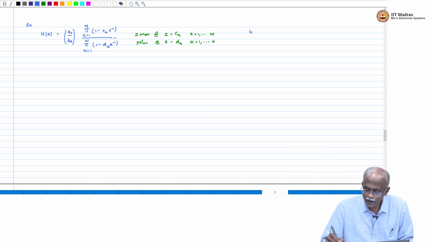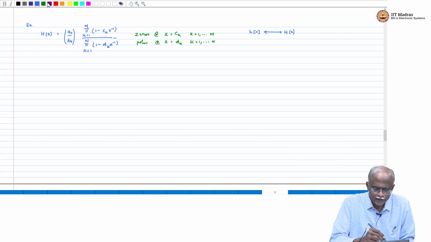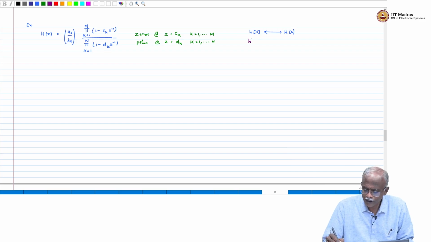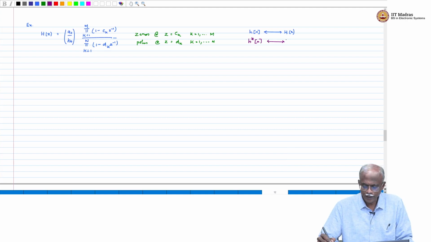All right. Now, here is a set of important results which come from the properties of the Z transform. If h of n is the underlying time domain sequence which has the Z transform h of z, then what is the Z transform of the sequence h conjugate of n? You can verify that this will be h conjugate of z conjugate.